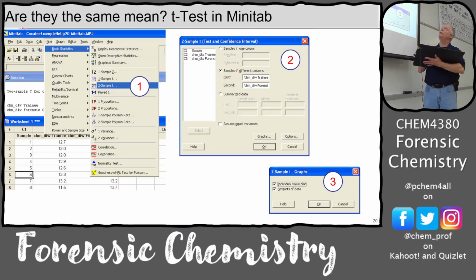And you come in here, the samples in different columns. The first set of samples is the trainee, the second sample. You just click your cursor in here and then click the column, and it'll put it in there automatically. And then you come down and hit this little Graphs button, and you can get an individual data plot or a box plot, hit OK and hit OK, and it does all that for you.